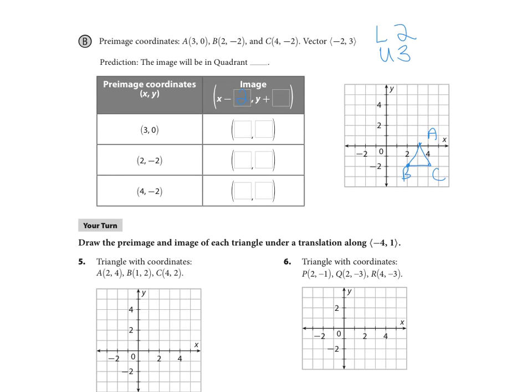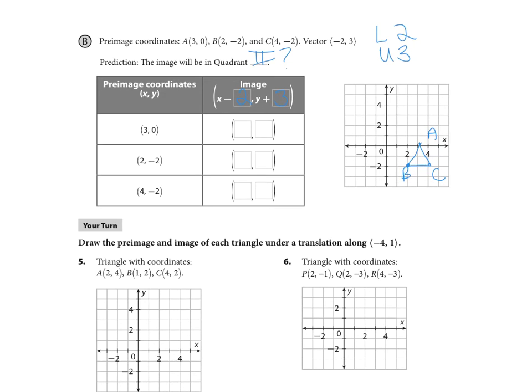So again, -2, +3 is how we'd write that translation in transformation form. Our prediction is, if we're going to the left and up, that we might land in quadrant, remember 1, 2, 3, 4, I'm going to predict quadrant 2, but we'll see where that goes. We'll put a question mark by it because we have to check out the coordinates and see what happens there.